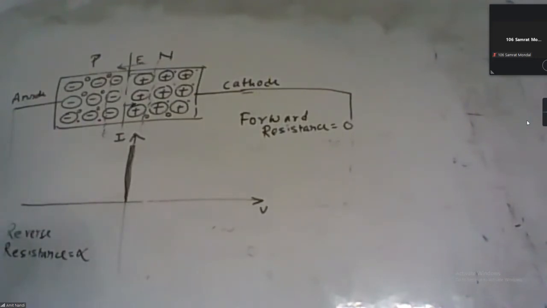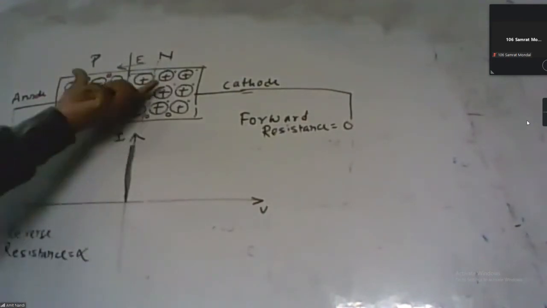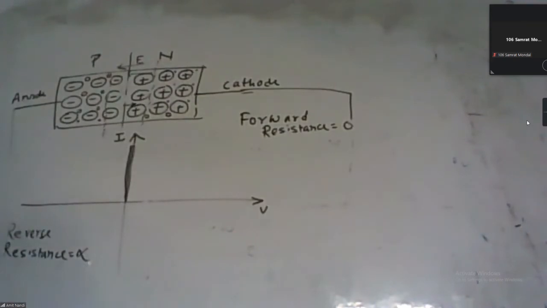If the current is not flowing through an element, that means its resistance is very high. So in the case of an ideal diode, we consider the reverse resistance to be infinity, and the current flowing through the diode is 0. But any amount of voltage applied as a supply voltage can be developed across the diode.